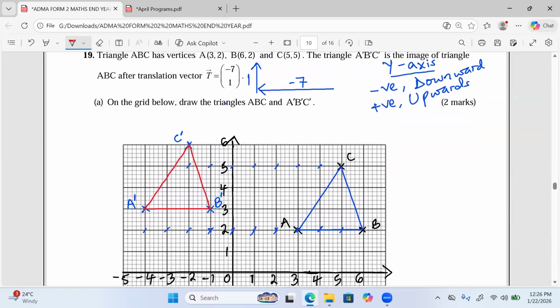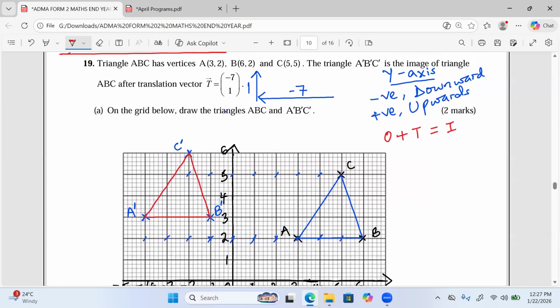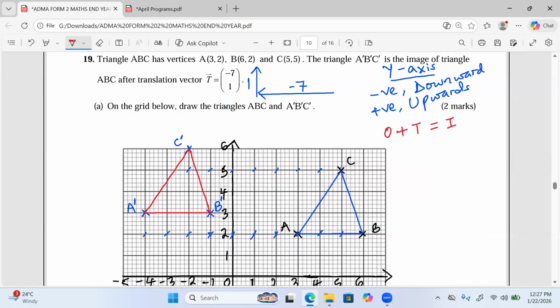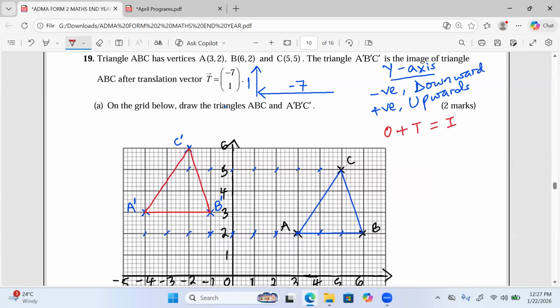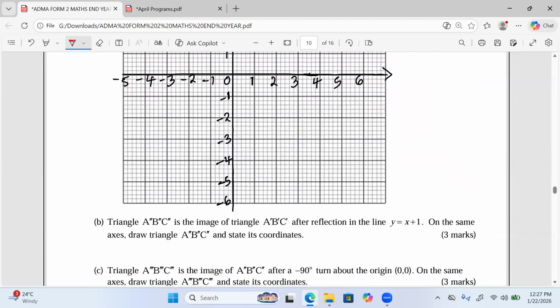Then you'll be told to find the coordinates of the image. We should remember that object plus translation vector gives us the image. So you can still work it out. But calculating all the coordinates, then later you start plotting them, that's a lot of work. You can go directly to performing the translation itself. So we can proceed to part B of this question.